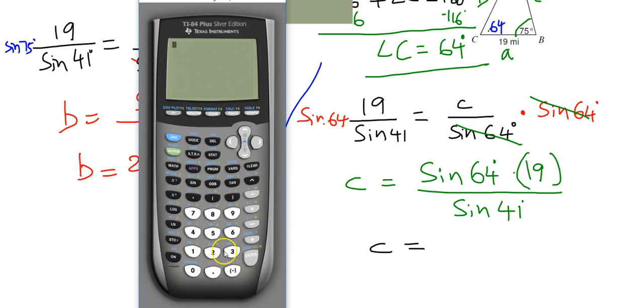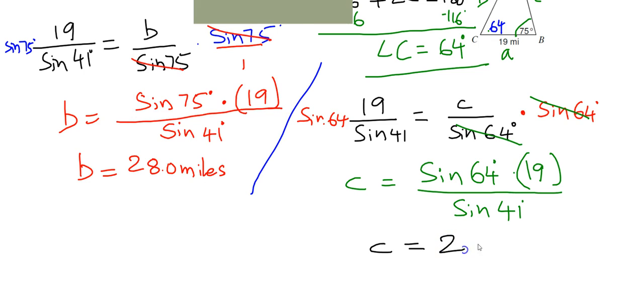We have here sine 64, close the parenthesis, times 19, divide by sine 41, again close here, hit enter. You got how much? 26.0298. Hence I can just write down 26.0.